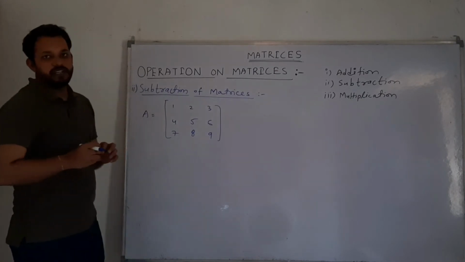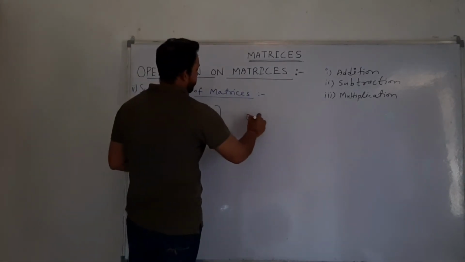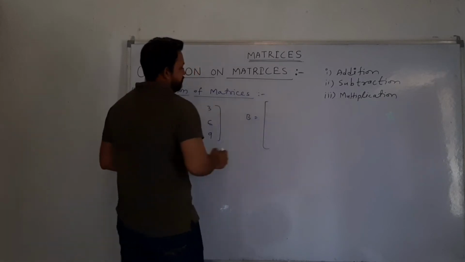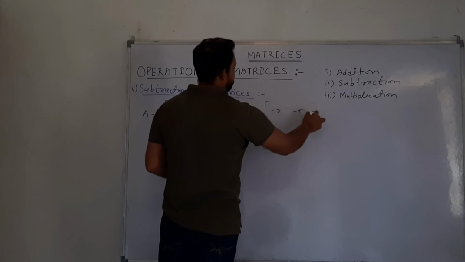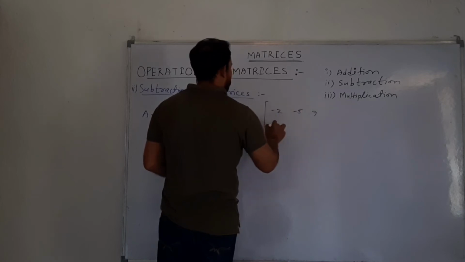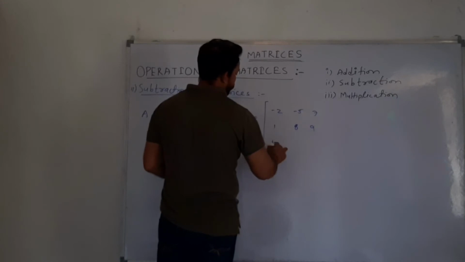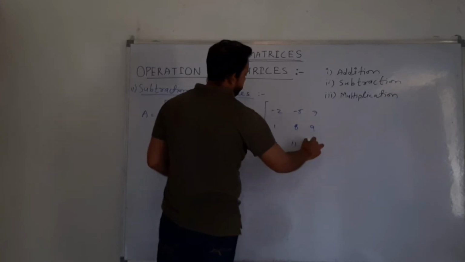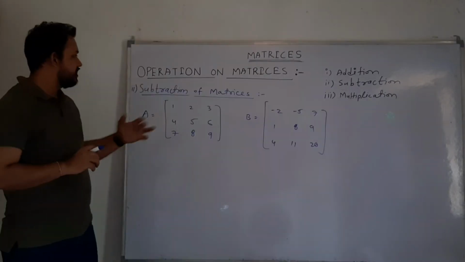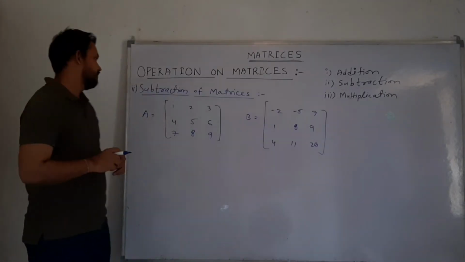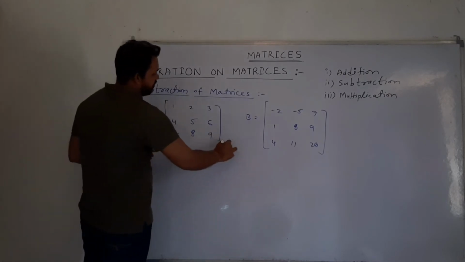This is our first matrix. The second matrix we have is minus 2, minus 5, 7, 1, 8, 9, 4, 11, 20. These are the two matrices we have. You can see here the order of the matrix is 3 cross 3.